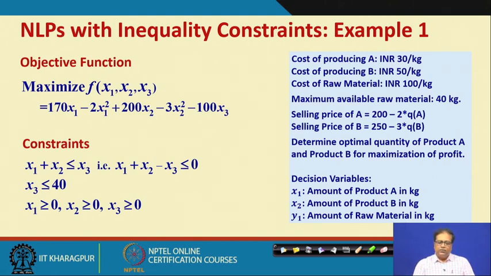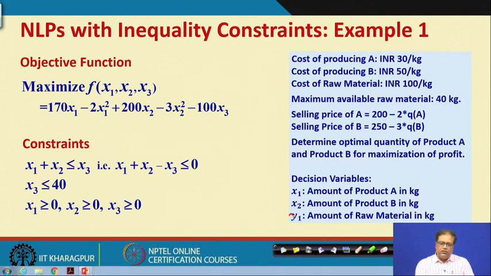So, x1, x2 and x3. The constraints were x1 plus x2 less than or equal to x3, that is, x1 plus x2 minus x3 less than or equal to 0, x3 less than or equal to 40, and all the variables greater than or equal to 0.